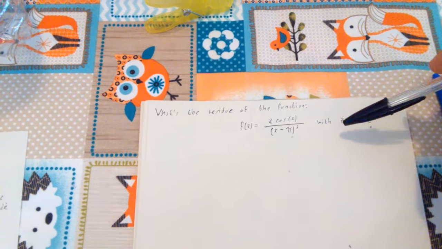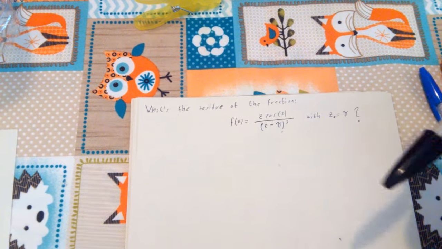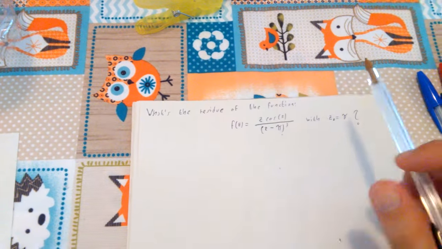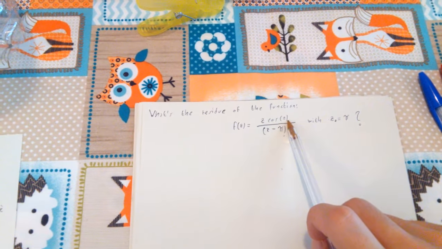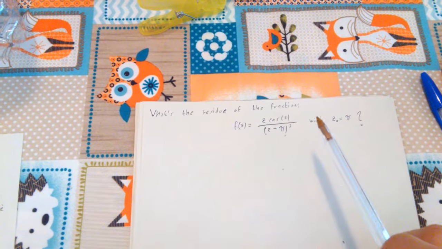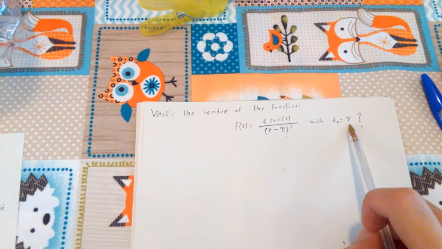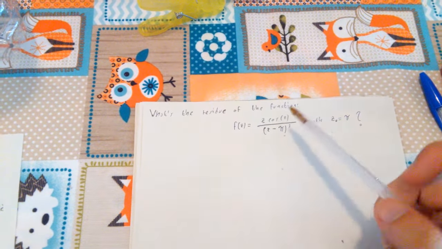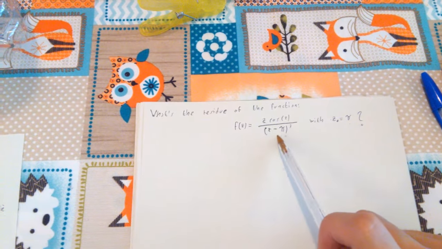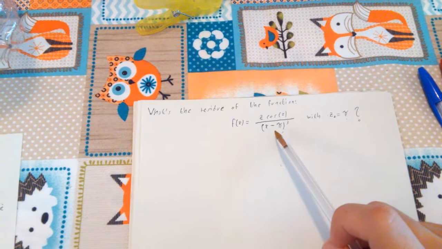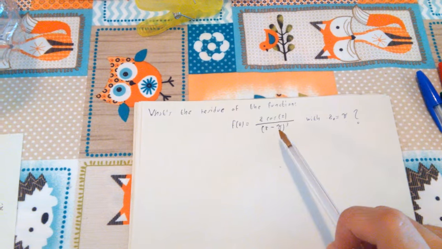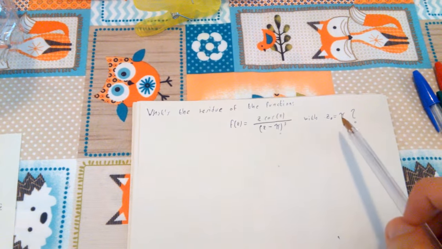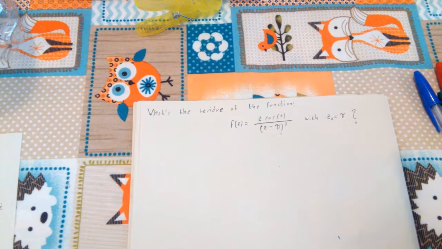How do we deal with this? Well, the numerator, z cosine of z, doesn't have any pole at z equal pi, which basically means that the denominator is the only one that contributes to the fact that there is a pole at z equal pi.